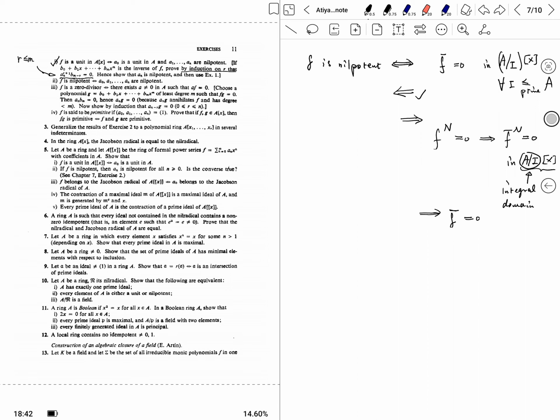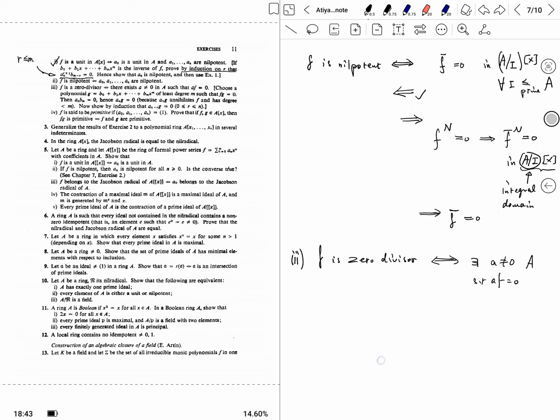So let's do the next one. f is a zero divisor if and only if there exists a non-zero constant in the coefficient ring such that c f equals 0.